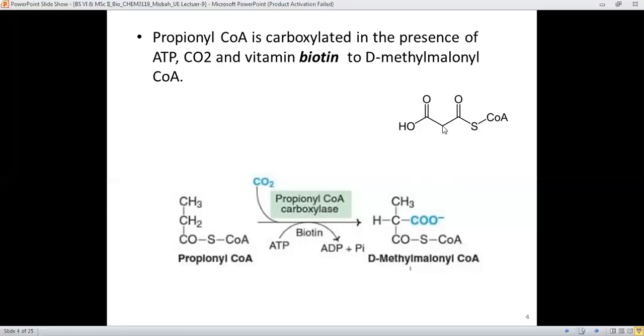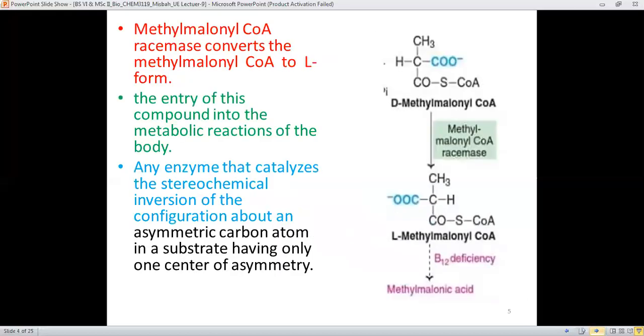And at this carbon there is hydrogen, methyl, and again this carbonyl functionality, just like malonyl CoA. Therefore, the name is derived as D-methylmalonyl CoA, and vitamin biotin is involved in this step.